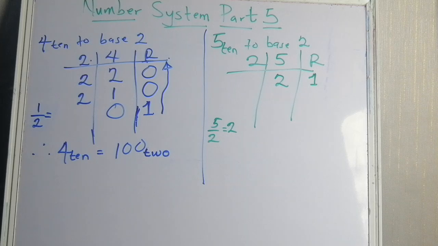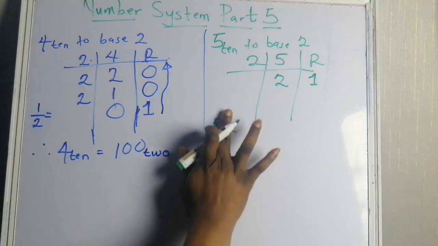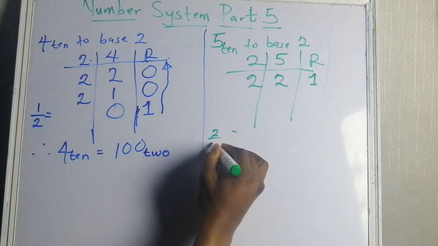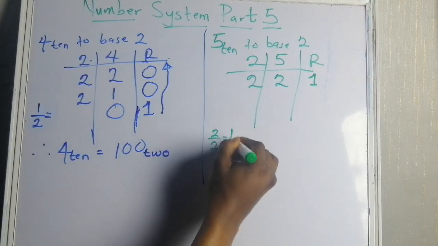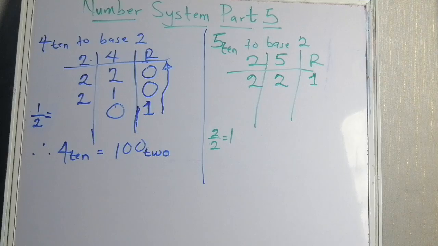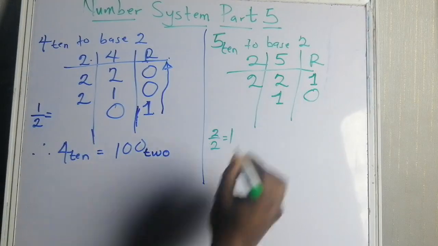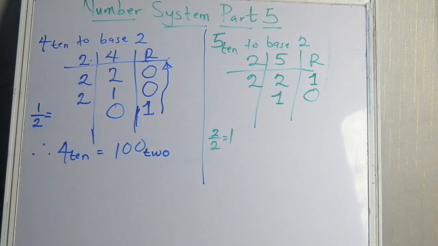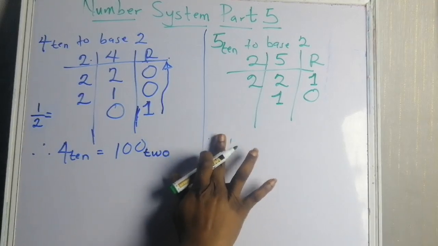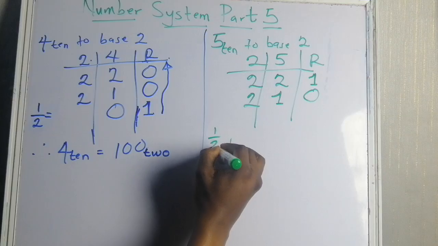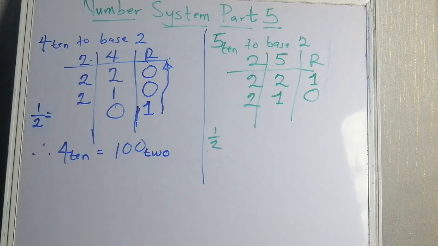Now we move further. We are done with that, so the next one will be 2 again. 2 in 2 is 1. It means 2 can go in 2, you will have 1. What will be remaining? It's not remaining anything, which is 0. So you're done with that. 1 divided by 2 is not possible, as mentioned earlier.